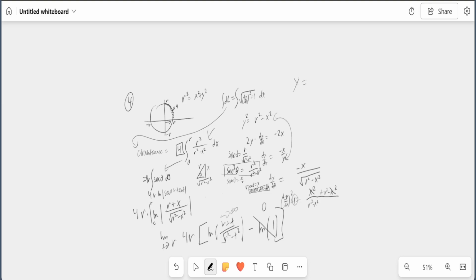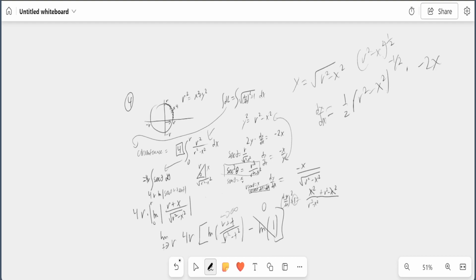So that means y is equal to the square root of r squared minus x squared. So dy dx is equal to, times, what are we multiplying this by?